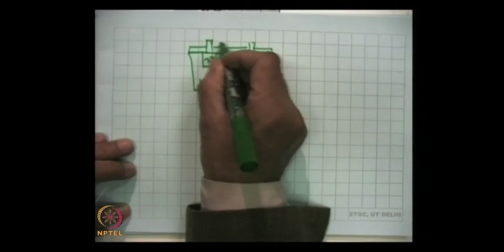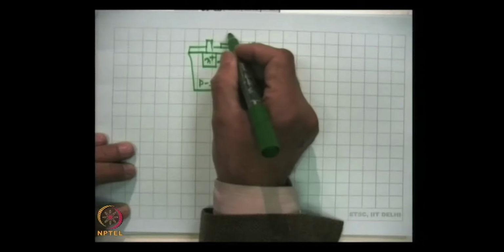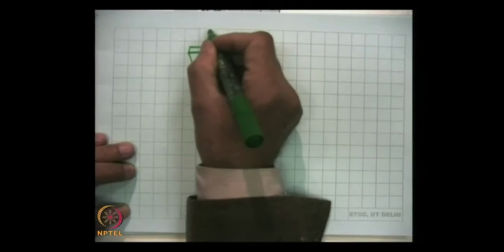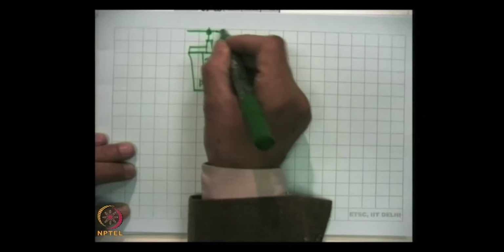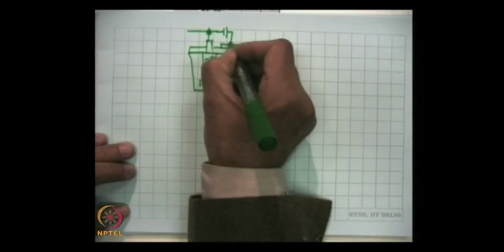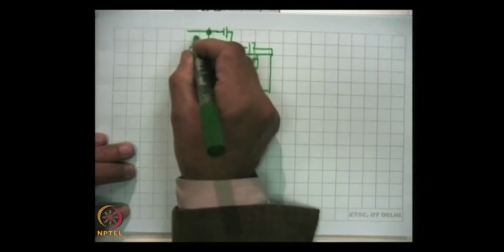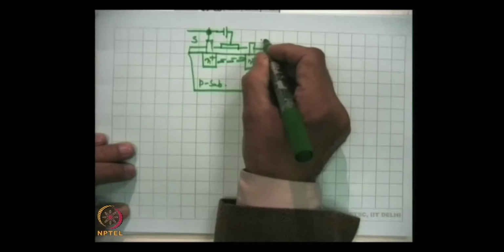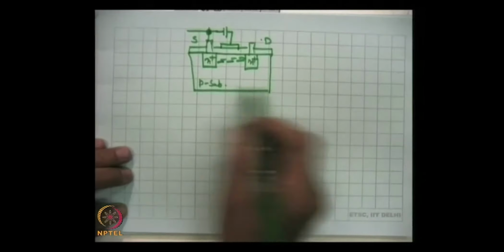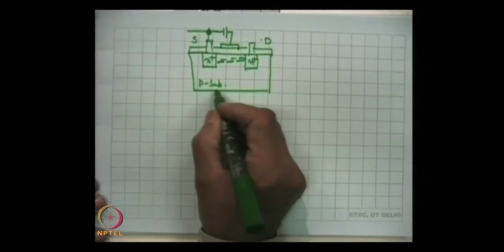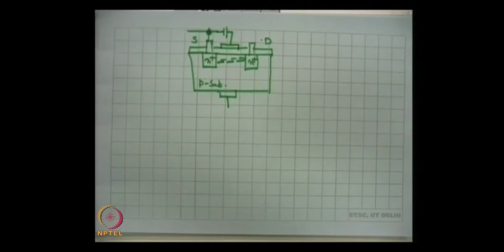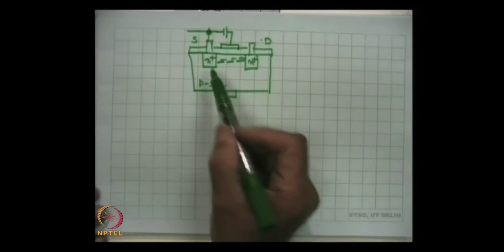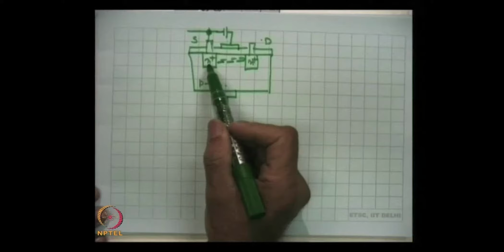This is the other electrode, and here we have applied a positive voltage, and between them this is the source, this is the drain. One thing which is understood, but which we have not yet talked about in this device, is that this is the P substrate, and these are N regions.